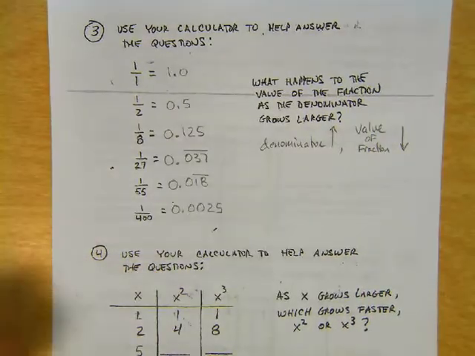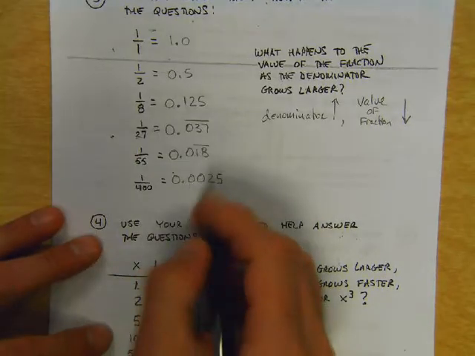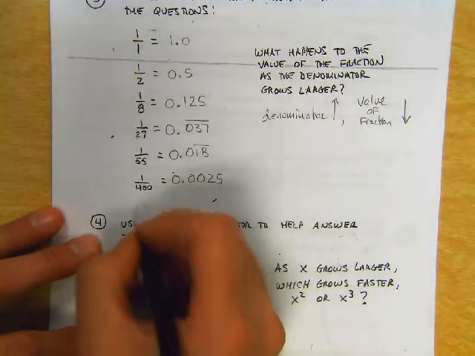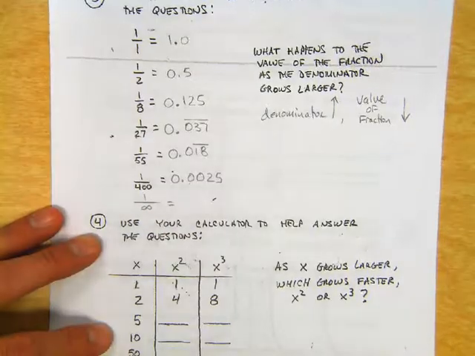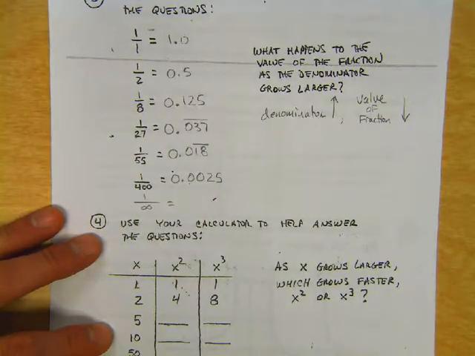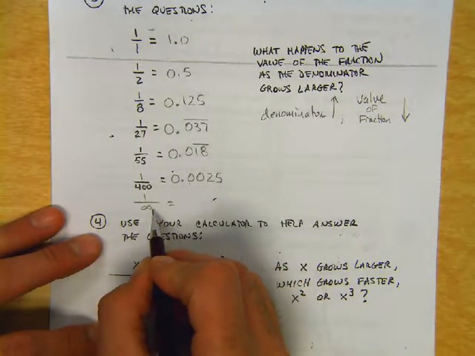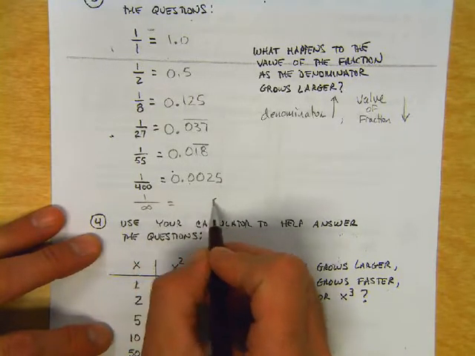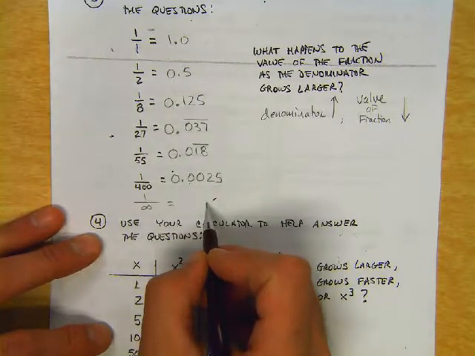Now, it gets smaller and smaller and smaller. What if we went all the way to infinity? If the denominator got infinitely large, what would happen to the value of the fraction? It would get infinitely small.